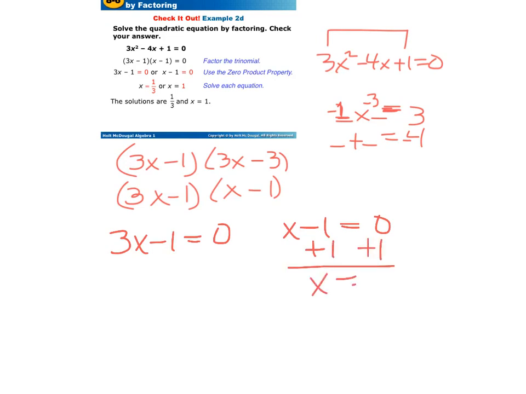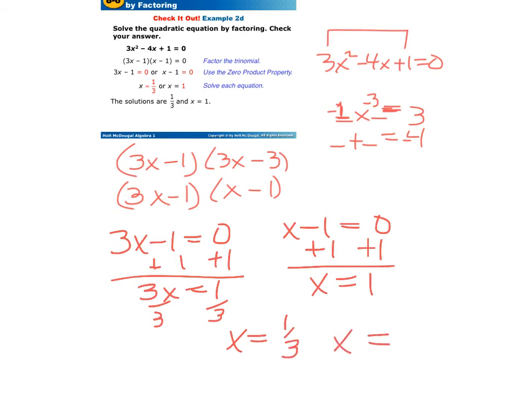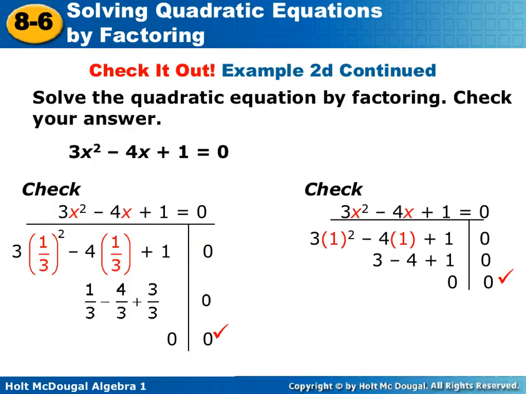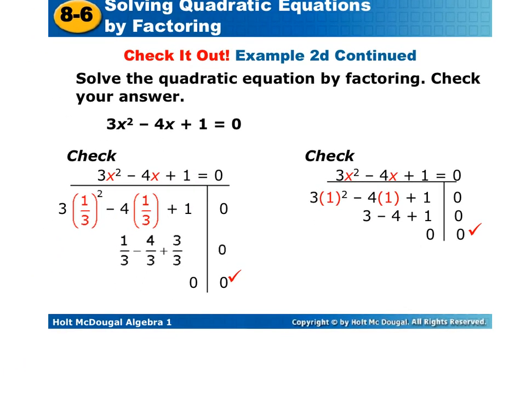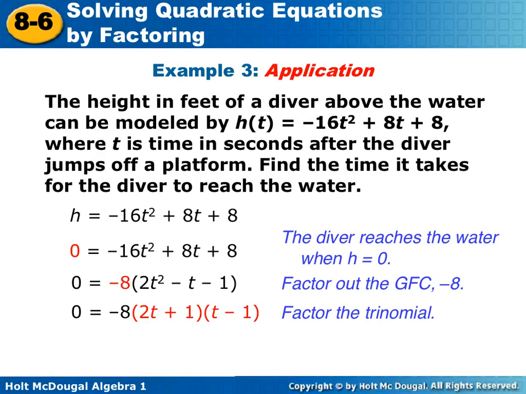So this one's +1, but this one gives me a fraction. So my two solutions are 1/3 and +1. And here is their check. They're plugging in both solutions to make sure that it does work out, and it did.